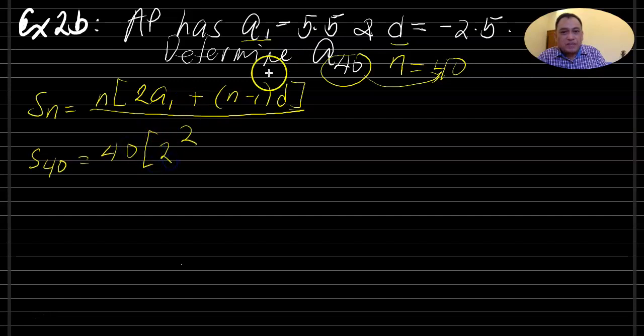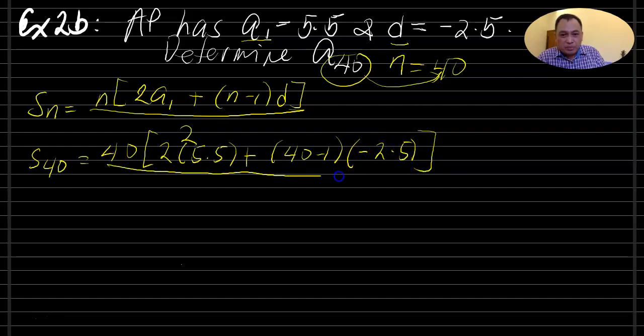Okay, 2 times 5.5, plus, what is our n? Do we know our n? Yes, we know our n. That's 40 minus 1 times our difference of negative 2.5, divided by 2. Okay, here let's cancel this out, and that's going to give you only 20.